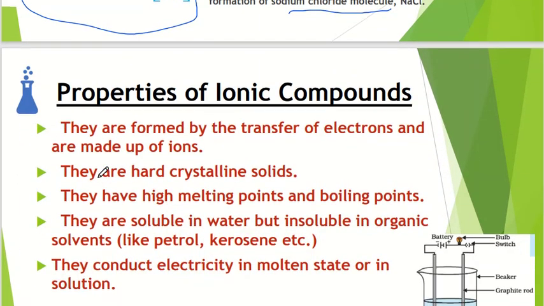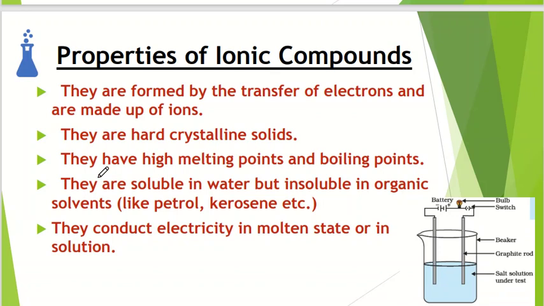Properties of ionic compounds. It is also very important for us. They are formed by the transfer of electrons and are made up of ions. Ionic compounds transfer electrons.